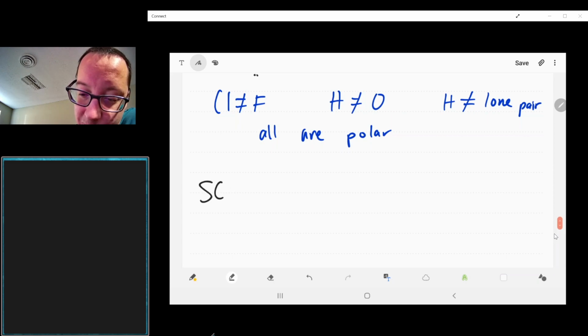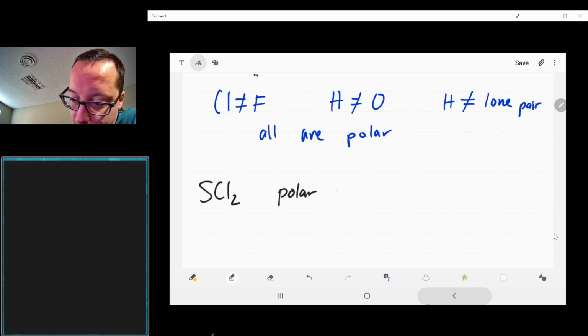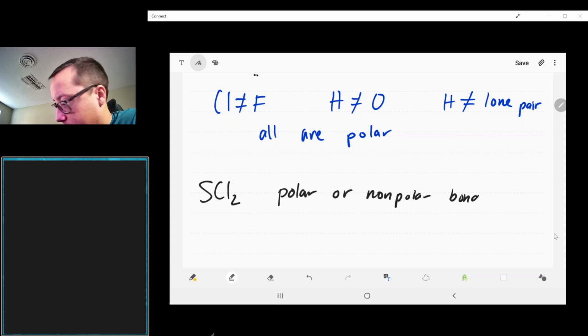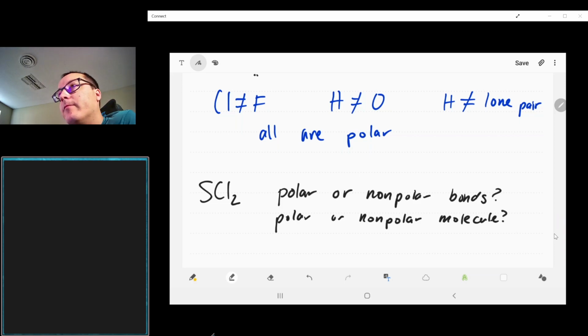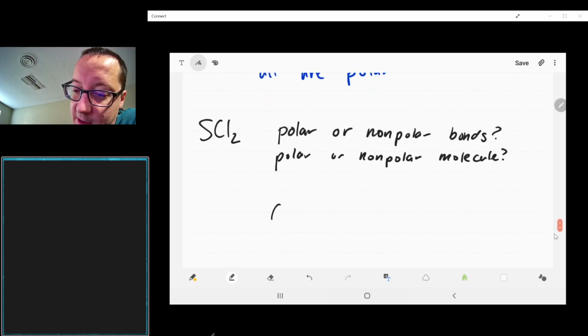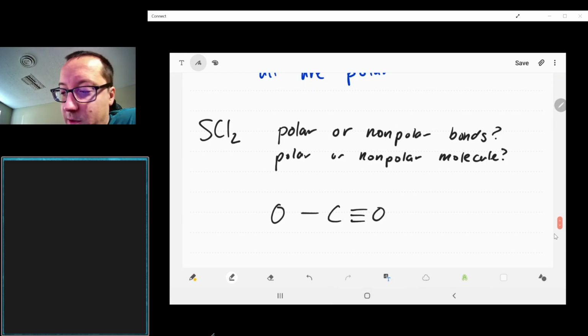One thing I should mention: remember we had that resonance form of carbon dioxide that would look like that?